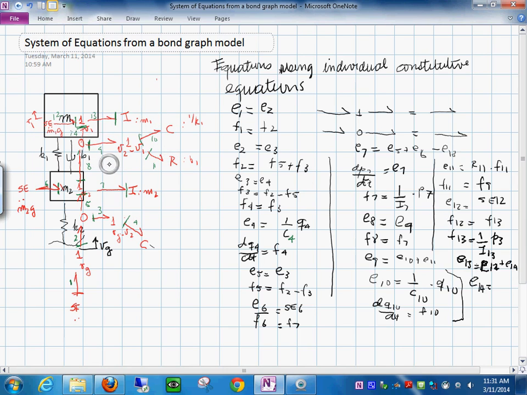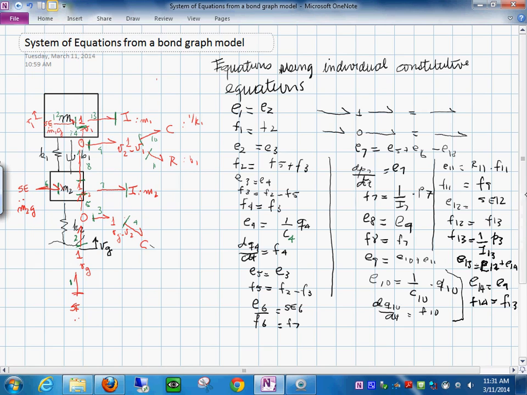That's the last one here. It's E9. And F14 is what? F14 is F13. Okay. So these are the individual equations.